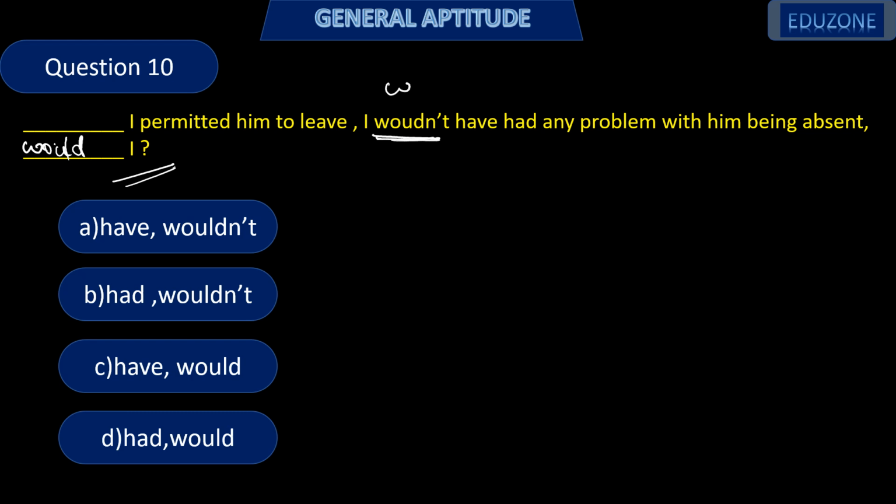If there was would here, then the question tag would be wouldn't. When the main clause is negative, we take the positive for the tag. Now this is a past incident, so we will write had. Had I permitted him to leave, I wouldn't have had any problem with him being absent, would I? So the option is option D.